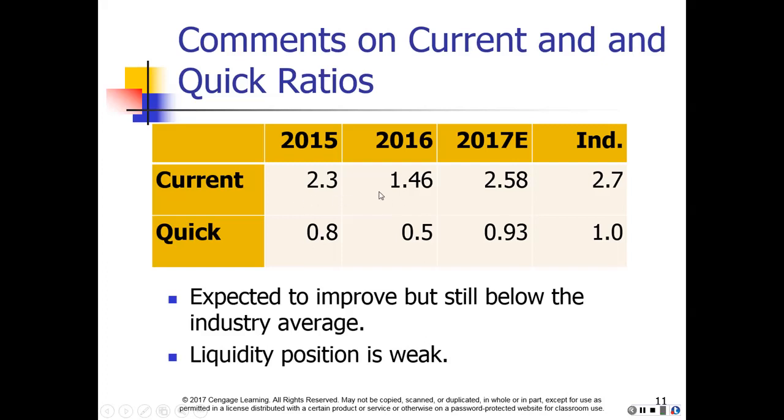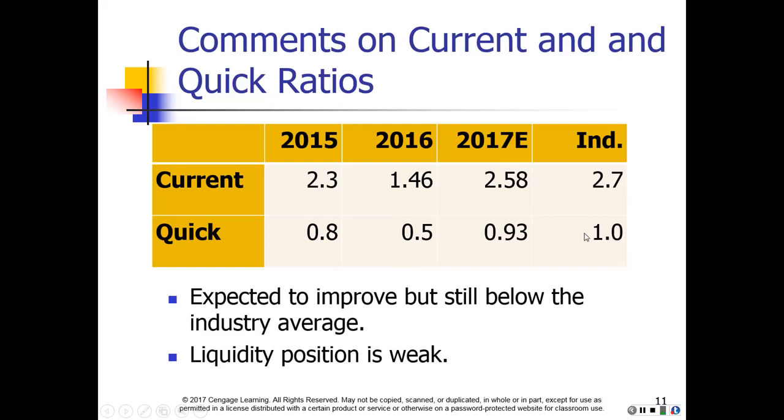we see that 2016 was typically a pretty bad year for Computran. Its current ratio declined, then it picked up; quick ratio declined, and it picked up, but quick ratio is still less than 1. Current ratio is also 2.58, less than 2.7, which is the industry average. So it's less than both.